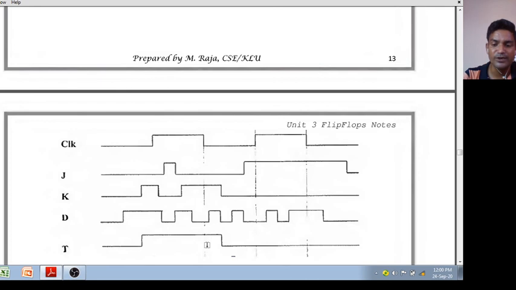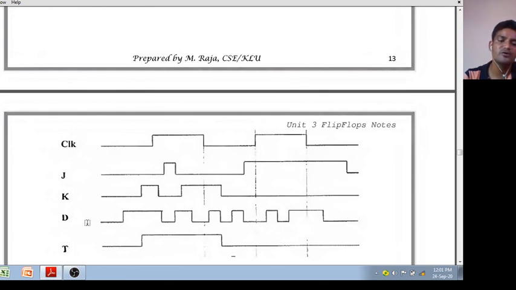So from here to here it will be 1. Again check here. What is the value of T? It is 0, so it will be 0. Means from here to here you are getting 0. Then from here to here you are getting 1, then 0, then 1. Then from here to here no change, so you are getting 1.